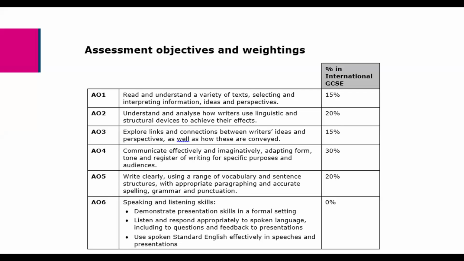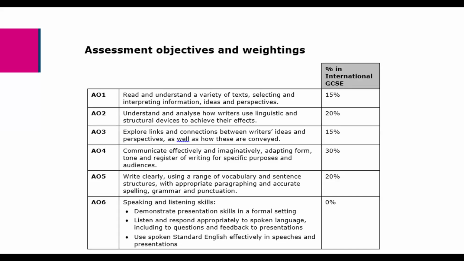AO3 is explore links and connections between writers' ideas and perspectives, as well as how these are conveyed. That's only in paper 1. AO4 and AO5 are the two writing assessment objectives: communicate effectively and imaginatively, adapting form, tone, and register of writing for specific purposes and audiences, which is 30%; and write clearly using a range of vocabulary and sentence structures with appropriate paragraphing and accurate spelling, punctuation, and grammar.